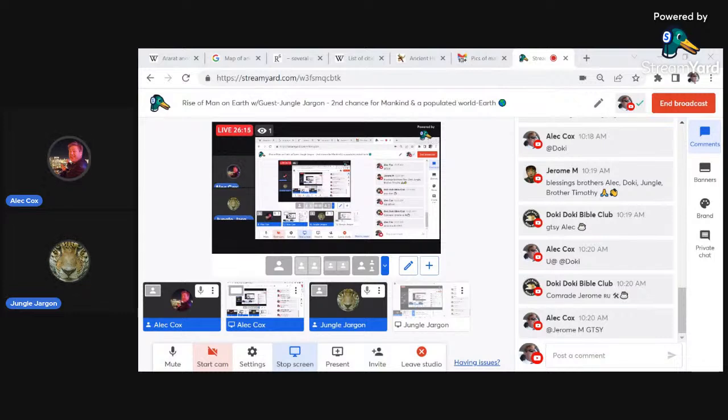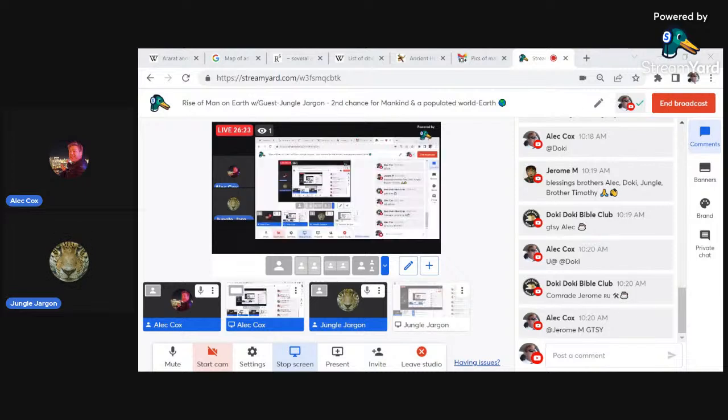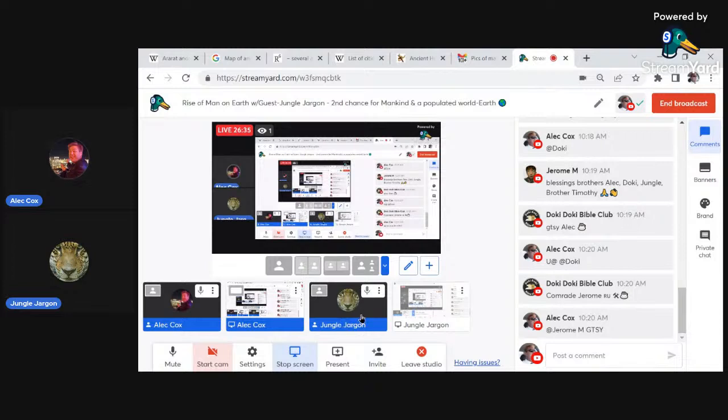Basically, the lineages of. No, I don't see it. Oh, what's going on with this thing? Not yet. I tried this before. I don't know if I have to share the whole window.